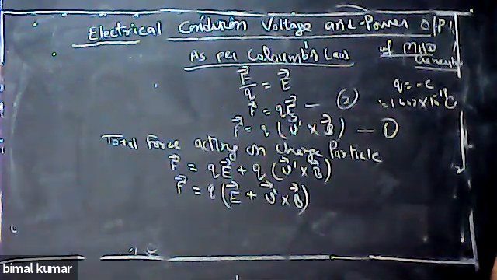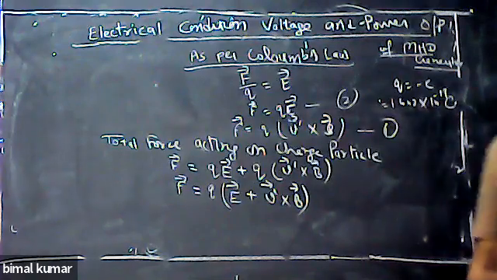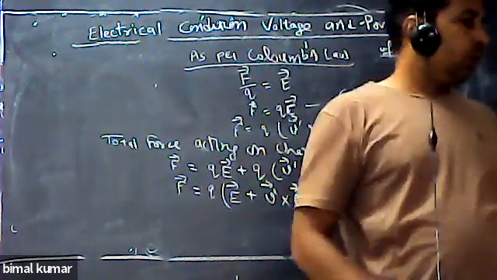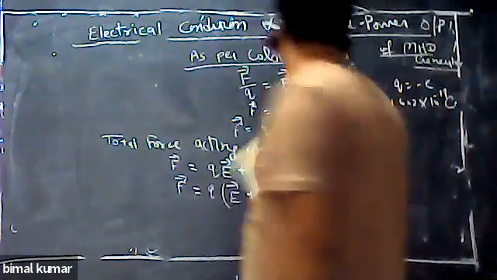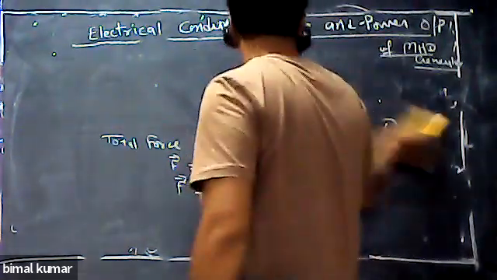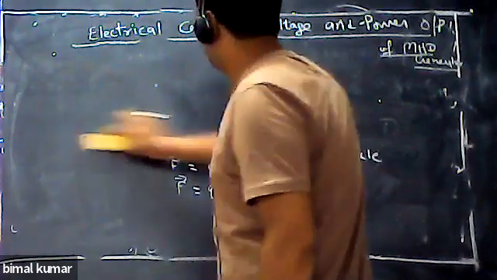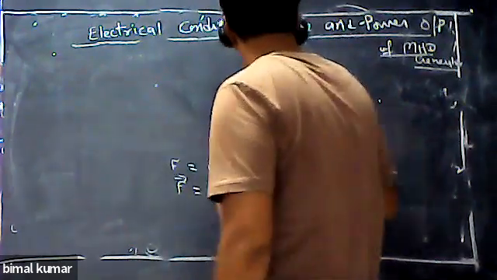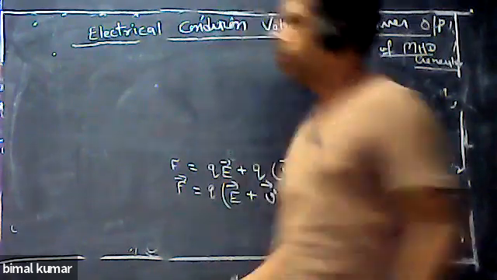Now, in the case of this MHD generator, we are taking the magnitude of velocity as V dash.